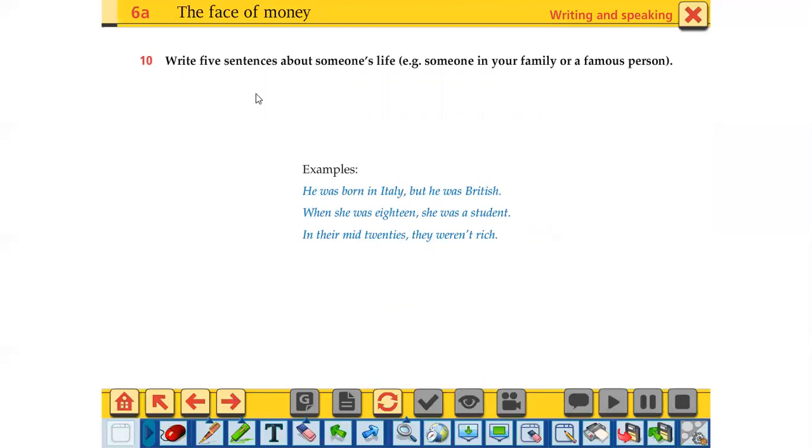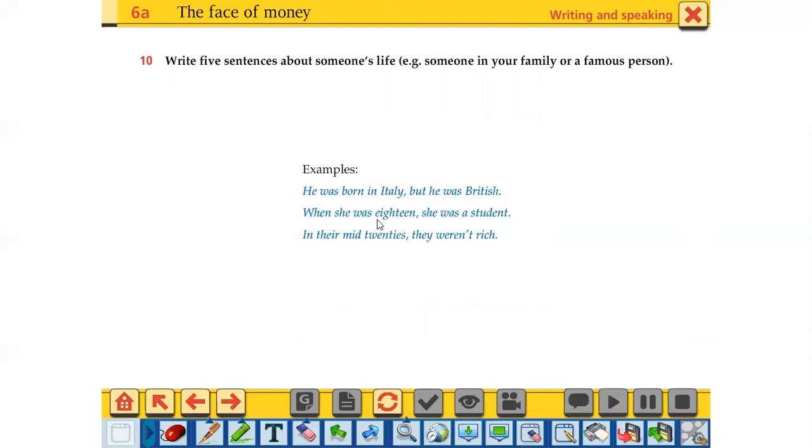Write 5 sentences about someone's life. Example. Someone in your family or a famous person. Pueden hablar de algún familiar o de una persona famosa. Example. He was born in Italy, but he was British.